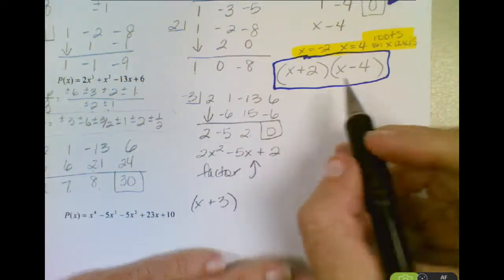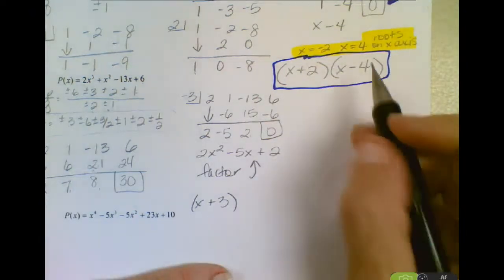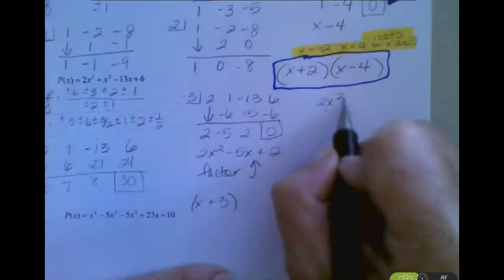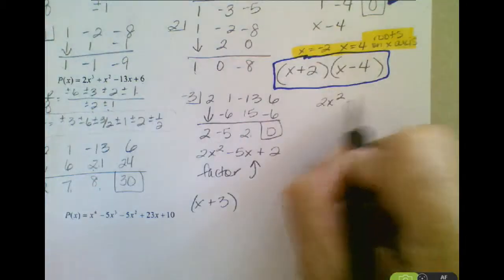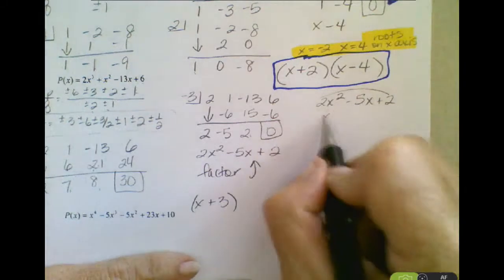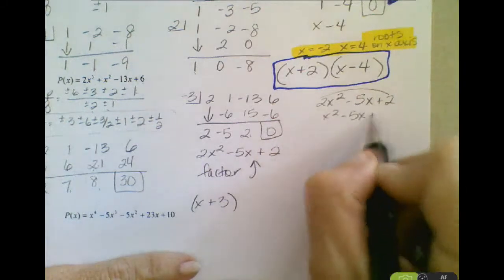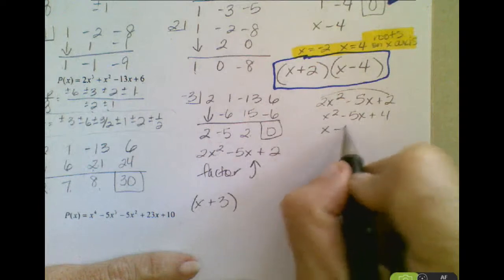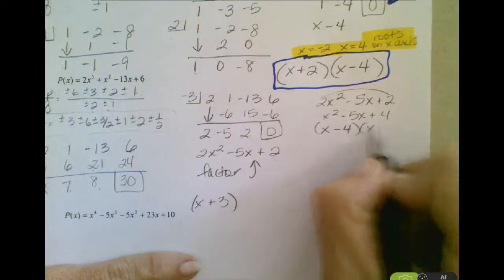So now at this point, you're going to factor this equation. So I'm going to use BFDs. If you'd like to use x factor, that's fine. I can go ahead and do both for you if you'd want. So 2x squared minus 5x plus 2. I pull that across. X squared minus 5x plus 4. I get x minus 4 and x minus 1.